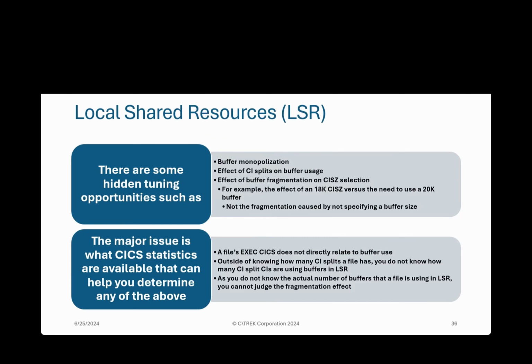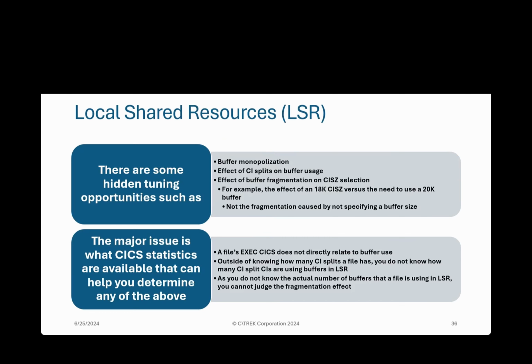Okay. Again, you also don't know what CI splits are causing. How many buffers do you have out there that are really only 50% full? In addition, you don't see the effect of buffer fragmentation. And when I talk about buffer fragmentation, I'm not talking about having the 10K CI size and you forgot to define a 12K buffer in the LSR pool, because that is bad.